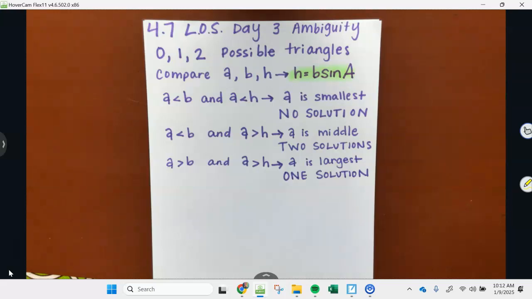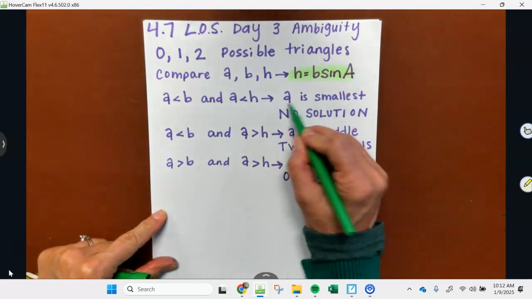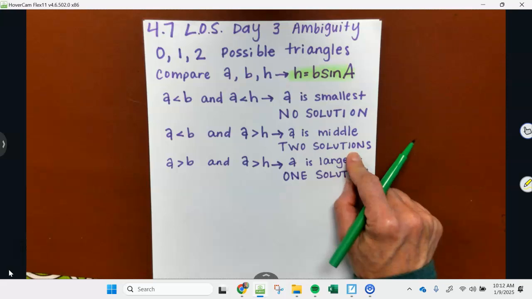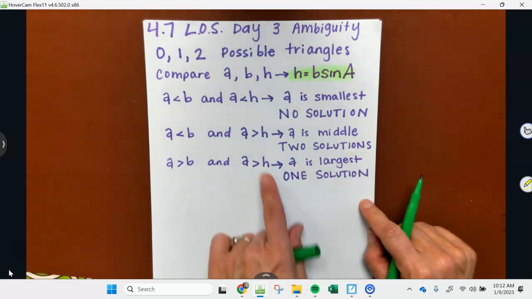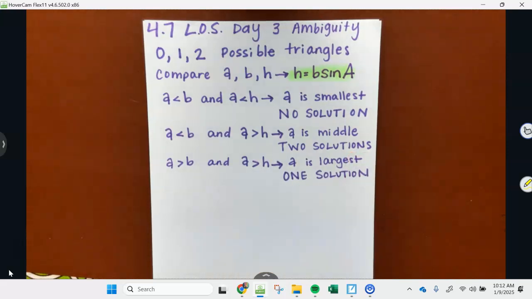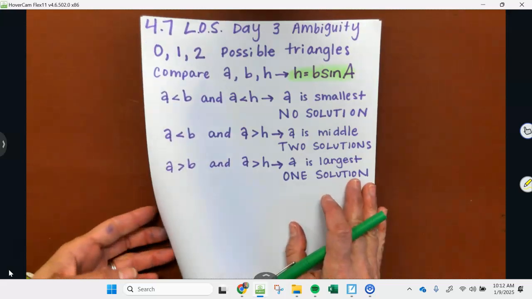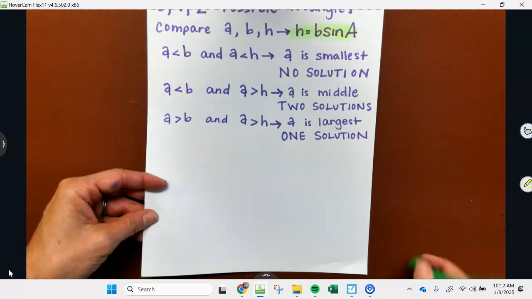So really, just remember, if A is the smallest, no solution. If it's in the middle, you got a lot of work to do. If it's the largest, it's only one triangle. We're going to go through 3 examples, and then that's going to be it for the day. Here's your first example.